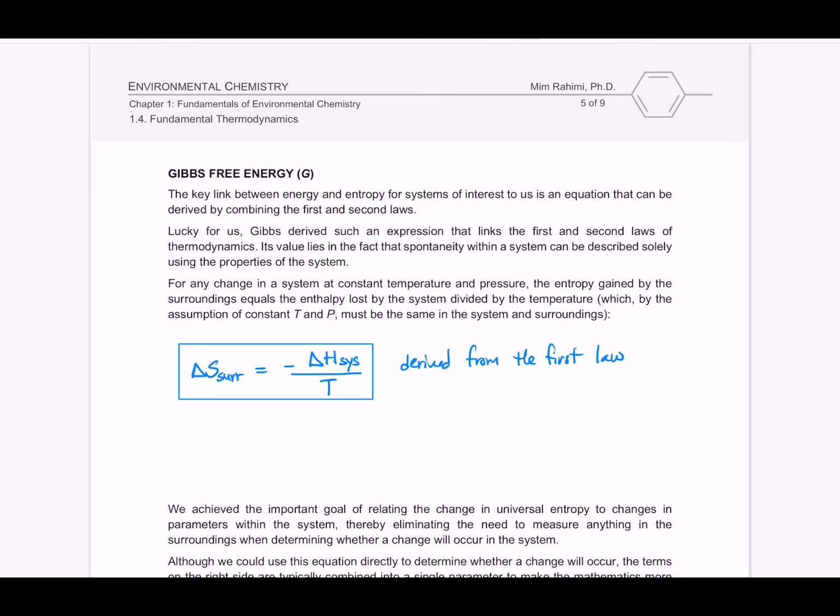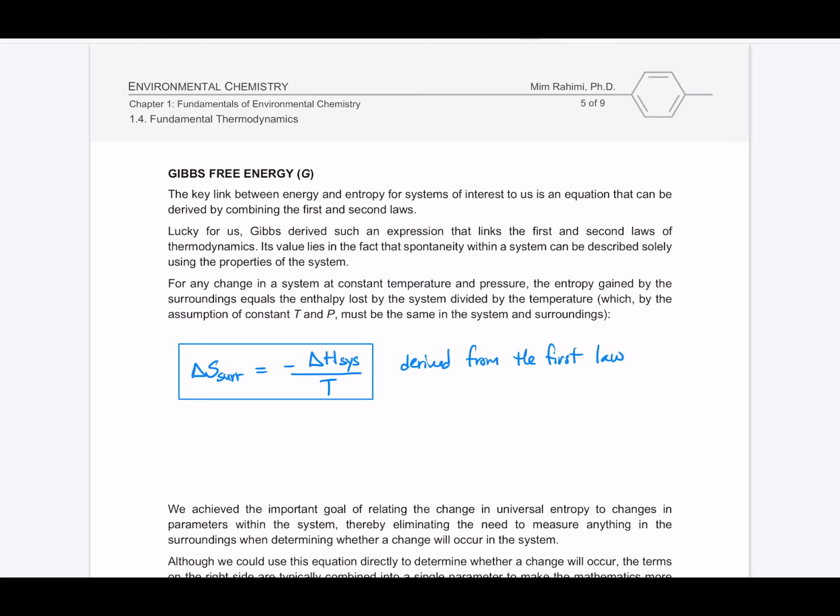So I don't know what happens to the surrounding, but I know delta H, or the heat exchange of the system at a constant temperature, divided by the temperature of this system, eventually gives me how much I'm impacting the surrounding, just by simply using the first law.